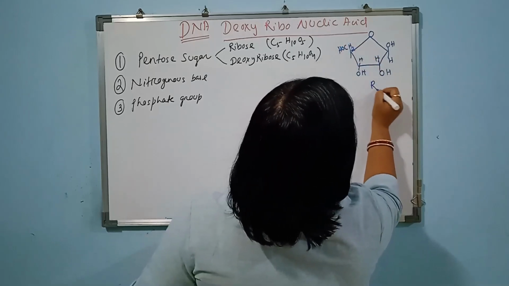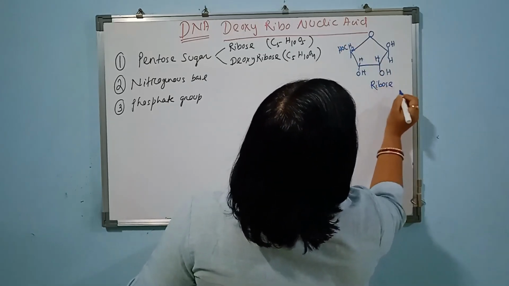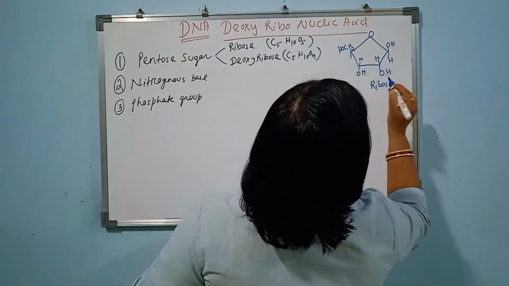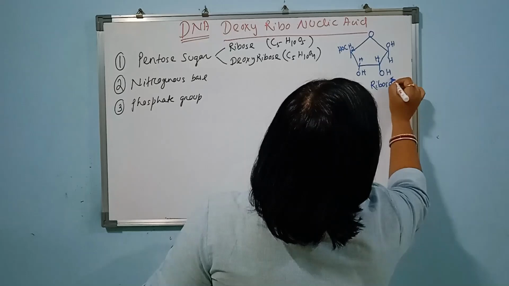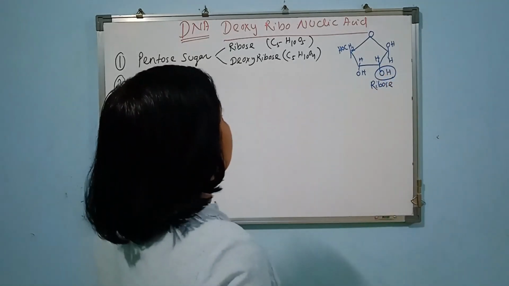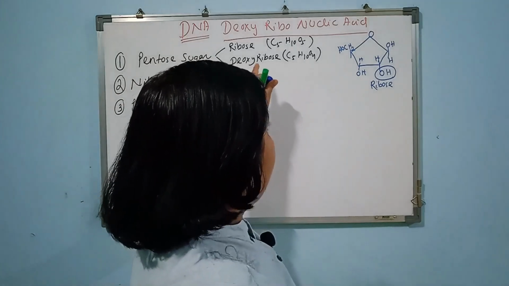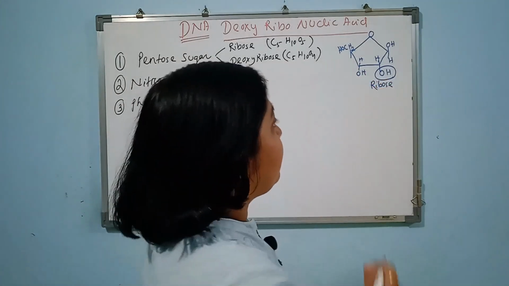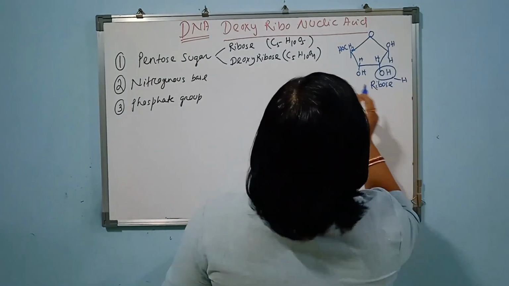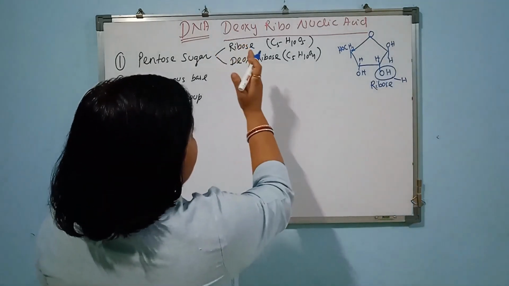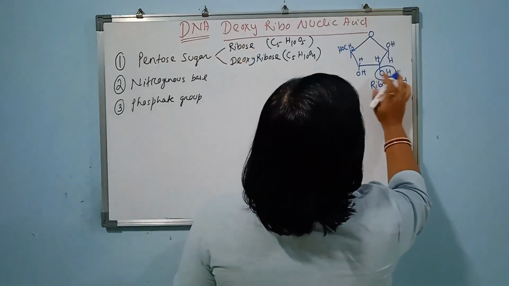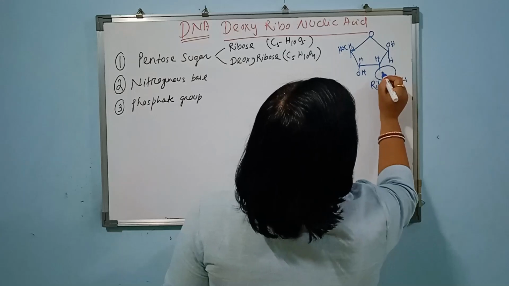This is the structure of ribose, but at the position of C2, OH is present in case of ribose, but in case of deoxyribose, at this position you will find H group instead of OH. So in DNA, deoxyribose is present as pentose sugar. So this will be the structure of deoxyribose.